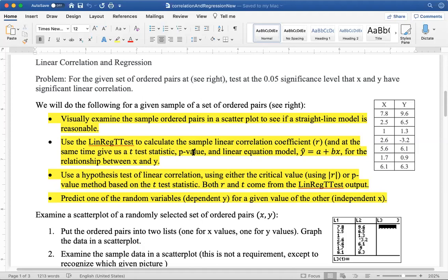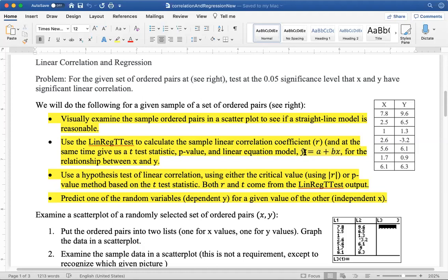It's going to give us a p-value, and it's going to give us the linear equation model of the form y hat, which is an estimated y, equals a constant value, which we'll call a, and it's called a in the calculator as well, plus a coefficient b times x, basically the slope of the line.